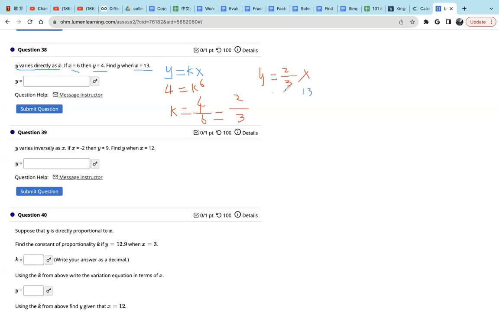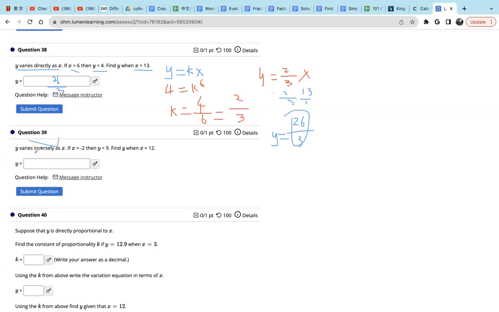So I have 2 over 3 times 13. 2 times 13, that's 26, divided by 3. So y equals 26 divided by 3 when x is 13. So we just put 26 over 3 into this spot, all right? 26 over 3.